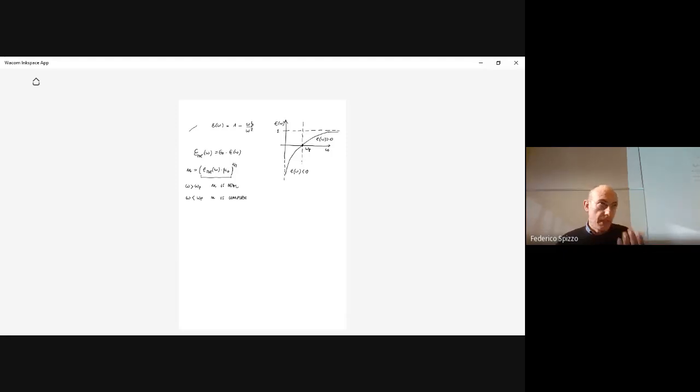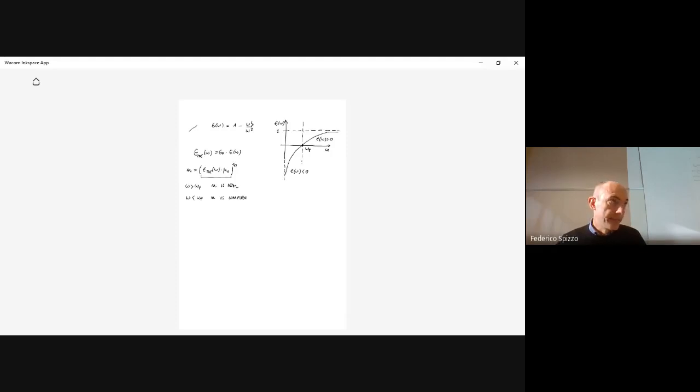You don't expect transmission. And to understand why this behavior is actually in agreement with what is found experimentally, the important thing is to evaluate omega p, to understand when this transition from transparency to absorption takes place.